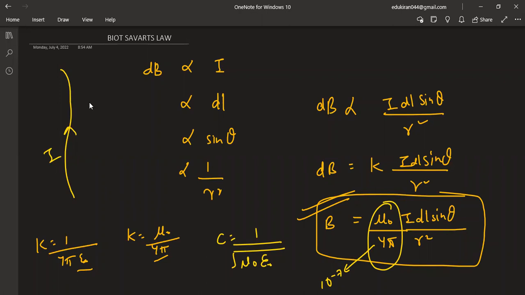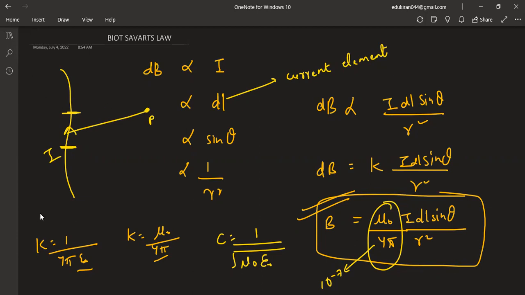Secondly, if I cut a small portion from here, that portion will be a part of this length of the wire where current will be flowing. We call this a current element. And I have taken, let's say, a random point P, where I want to find out the magnetic field because of this wire.